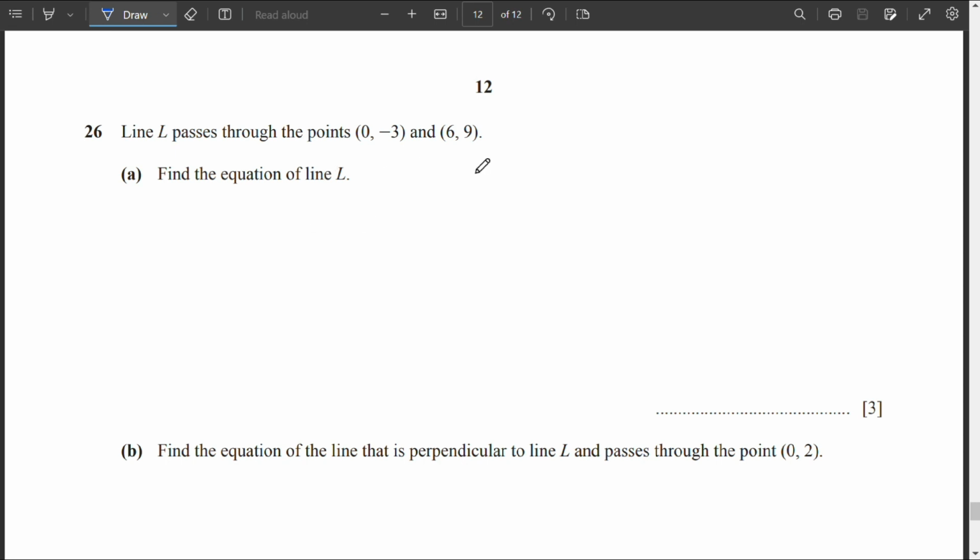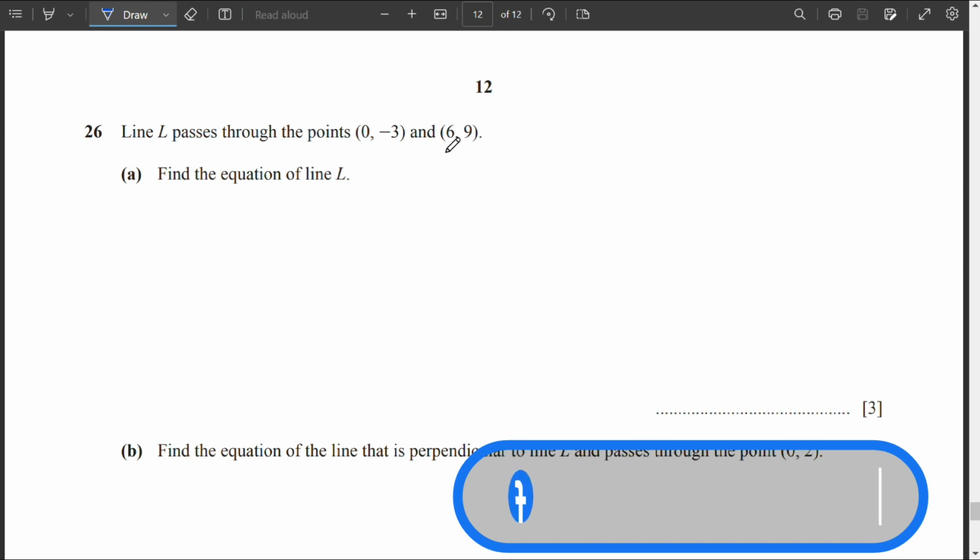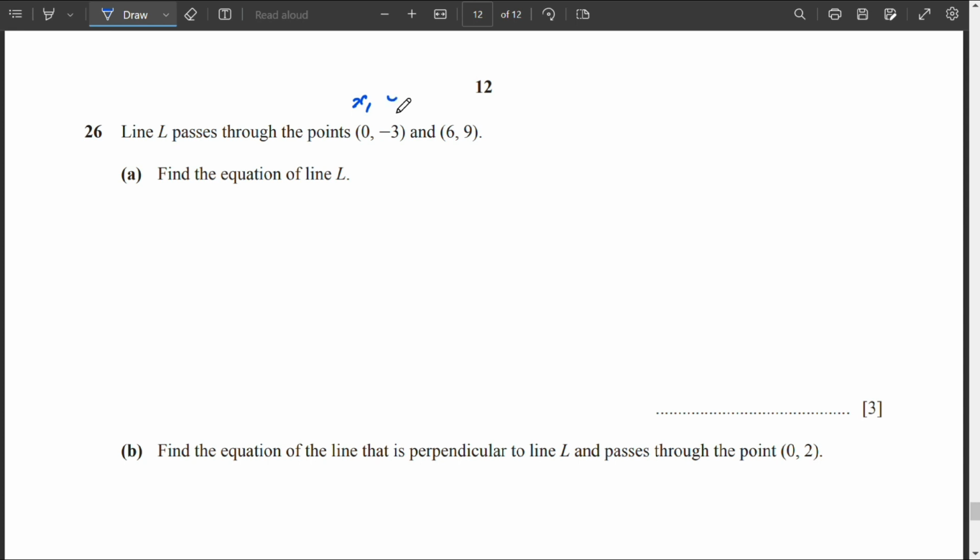See, again you have been given 2 points. So first of all, our main thing is to find the slope of the line which is passing through these 2 points. Consider this as x1, y1, and this as x2, y2. We know that the slope of a line which is passing through these points is given by y2 minus y1 upon x2 minus x1.